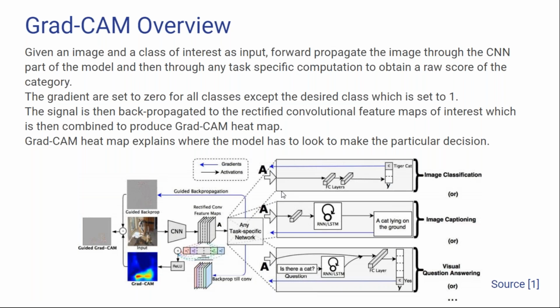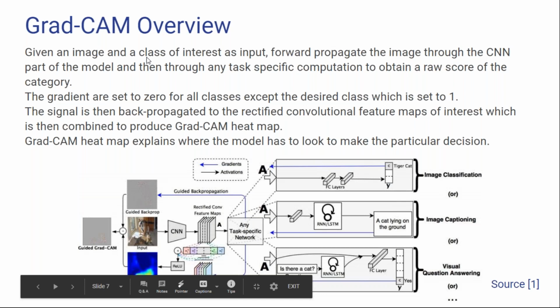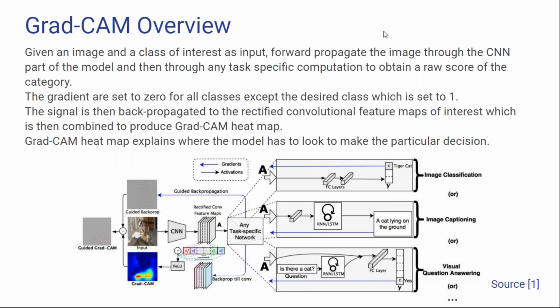The advantage of Grad-CAM is that it is not restricted to only one type of architecture. You can use any off-the-shelf CNN architecture and use it for any CNN-based task.